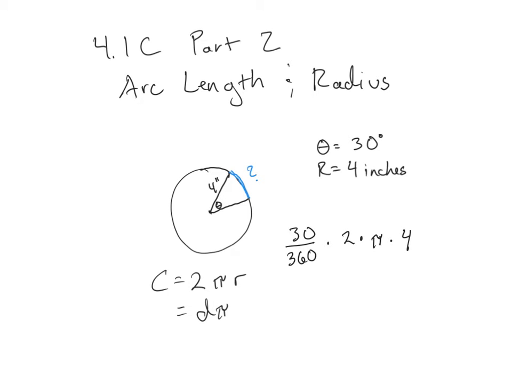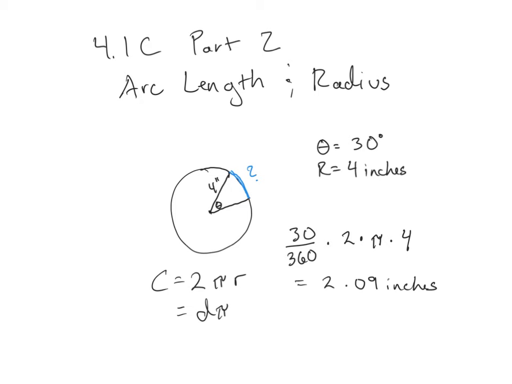If I multiply all that out in my calculator, and they don't want pi in their answer, so 30 times 2 times pi times 4, divide that entire thing by 360. Proportionally, this is 2.09 inches.